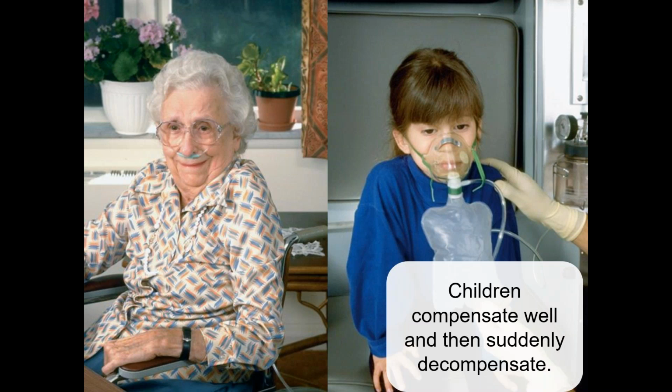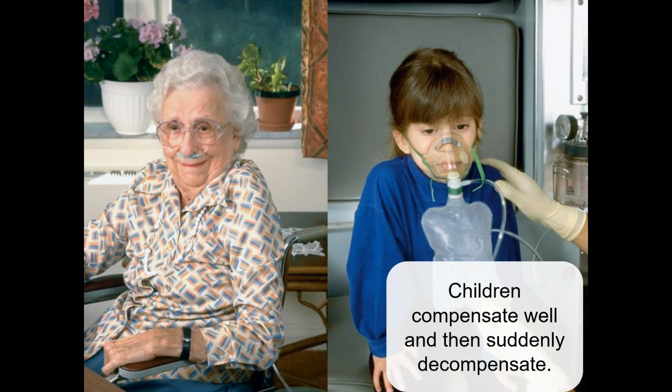And they trudge along like that for a good long while until they don't. After that long period of compensation, they decompensate suddenly. It's like somebody flipped a light switch and they go from compensated shock to very, very late stages of decompensated and possibly even irreversible shock.